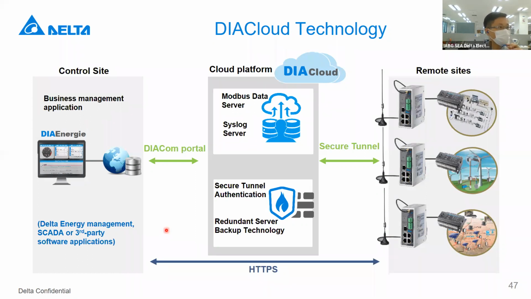Okay, and this is a little about the technologies from the control side to the cloud platform, and then to the remote side. For the control side, I think mostly it's SCADA software to do some monitoring. From the control side to the cloud side, we have the DIACom protocol. This one is more like VPN software, but we integrate it into the device.